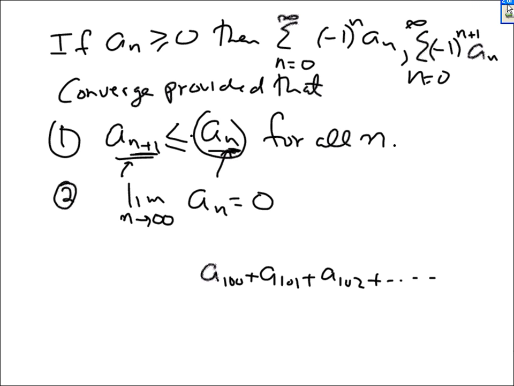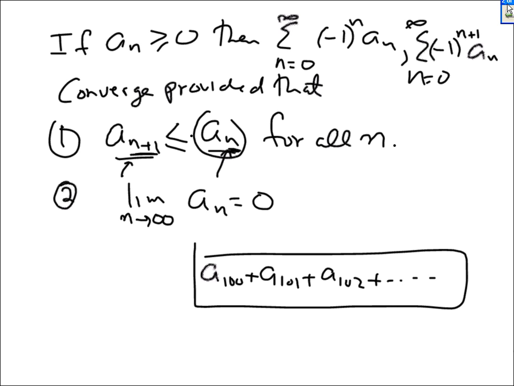Suppose that this one is smaller than that, which is smaller than that, which is smaller than that, and so on. That is, condition 1 has been met. And suppose that the limit is going to 0. That is, they keep getting closer and closer to 0.